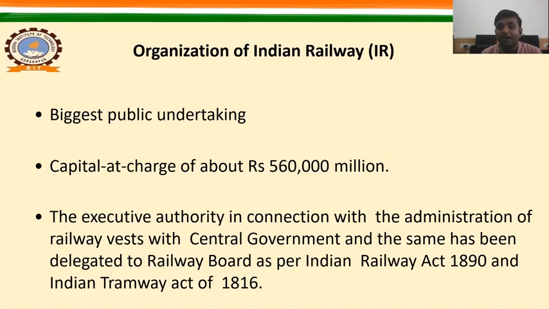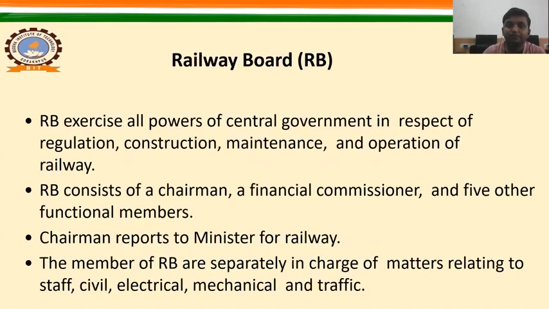So the entire authority comes under the central government, and it also comes under the Railway Board under the Indian Railway Act of 1890 and the Indian Tramway Act of 1816. Now we'll talk about the Railway Board. What is actually the Railway Board?